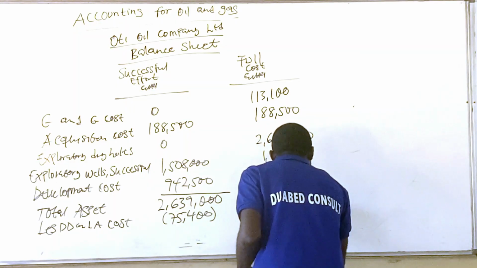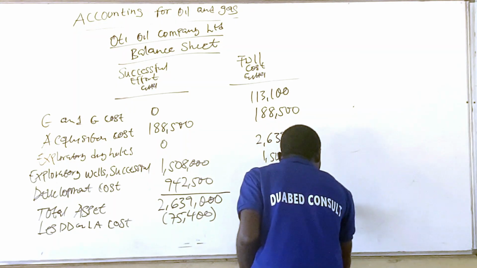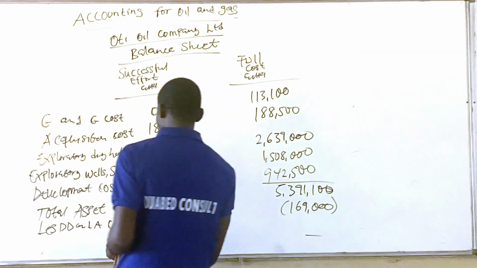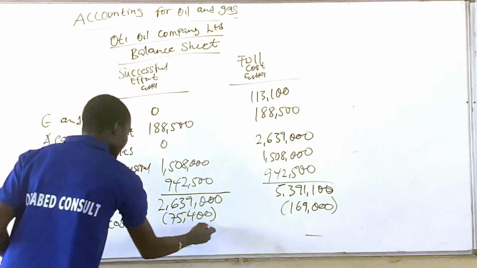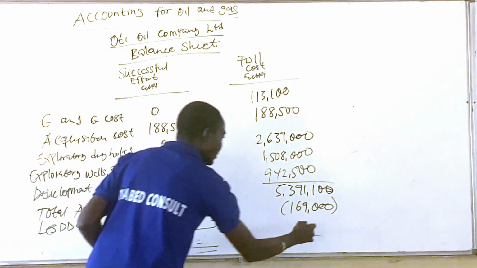So we subtract the depreciation from the total assets to get our net assets.